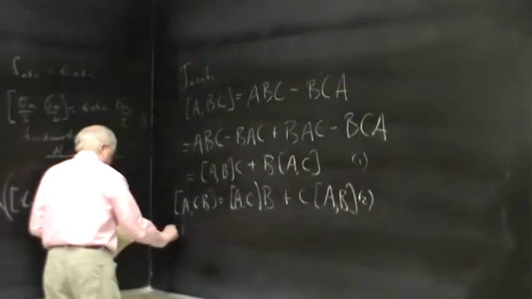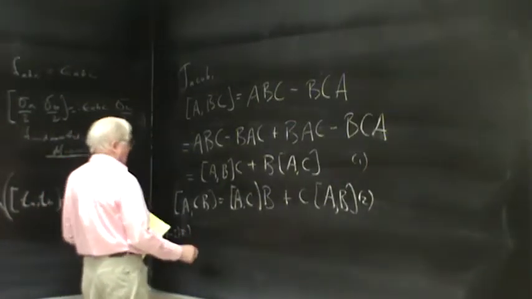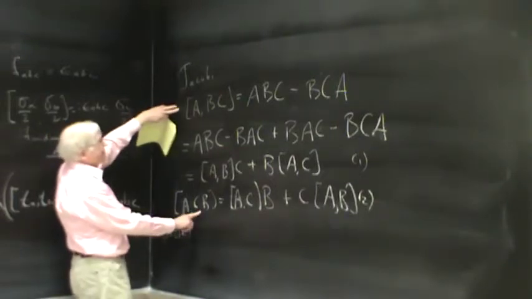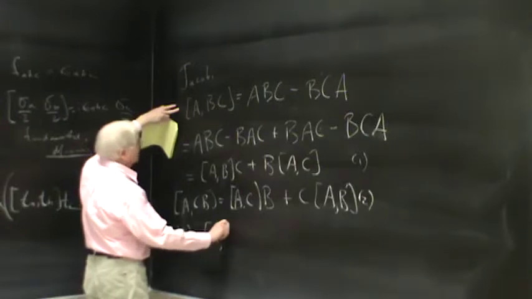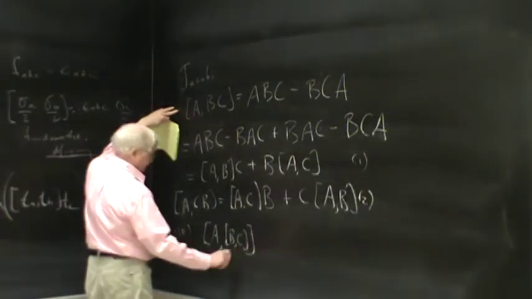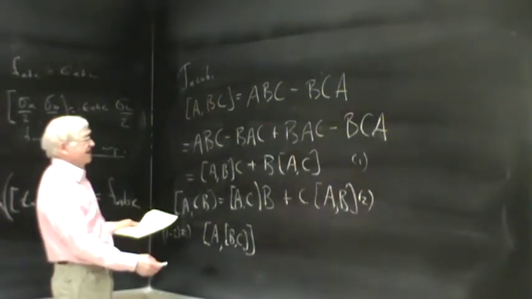And then 1 minus 2 gives this. In other words, if you subtract this from that, you basically have a double commutator. You have A with the commutator of B with C. And now subtracting, you see there's some cancellation.